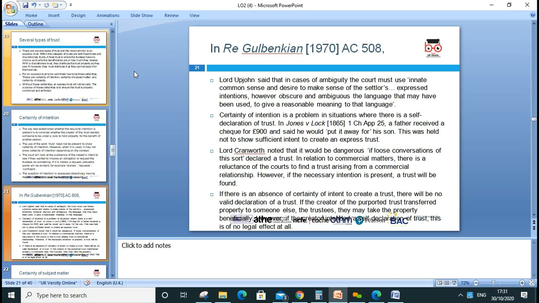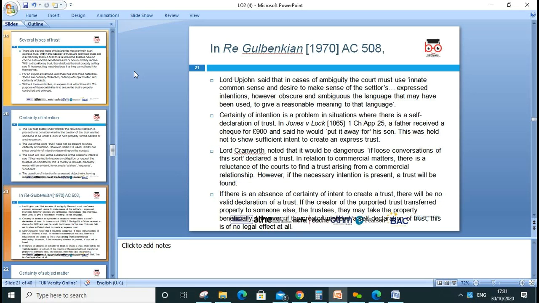Okay. So spontaneity, intention: the problem situations where there is a self-declaration of trust. A father received a check of 900 and said he would put it away for his son. And this was held not to show sufficient intent to create an express trust.